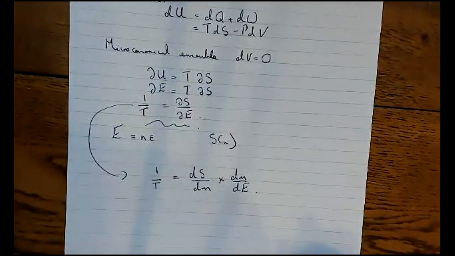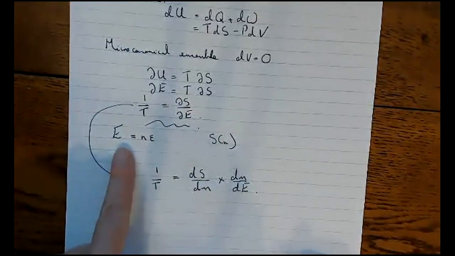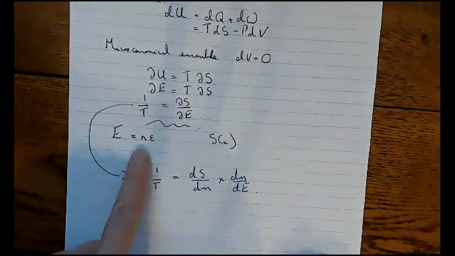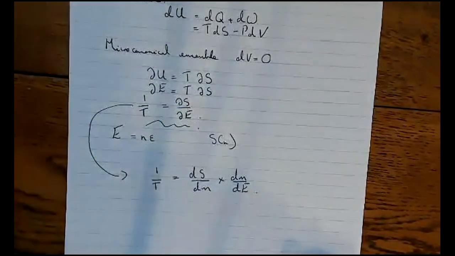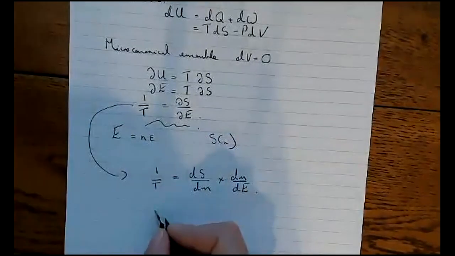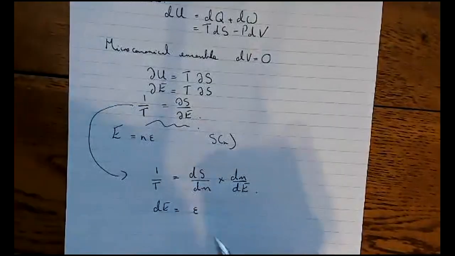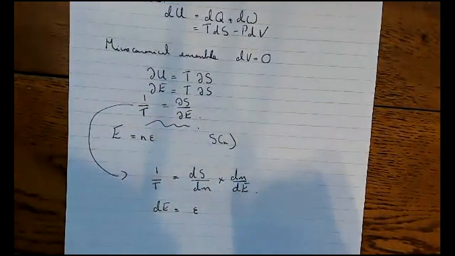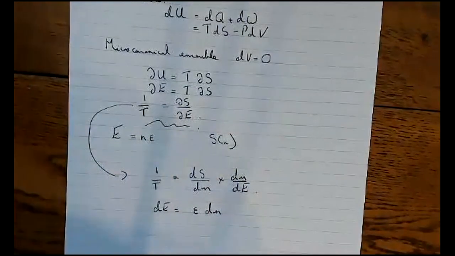Okay, so now we can definitely calculate this term because we know that E is n epsilon. So we can write dE equals the energy associated with each defect, which is of course a constant, times dn.